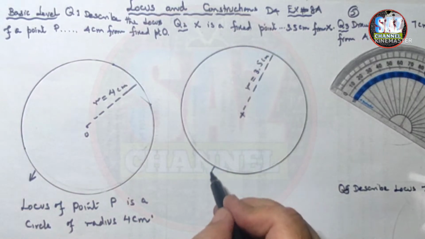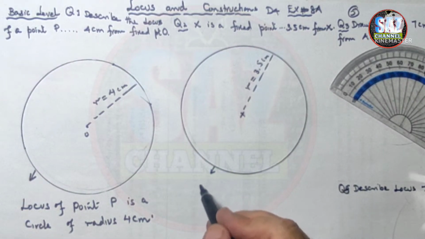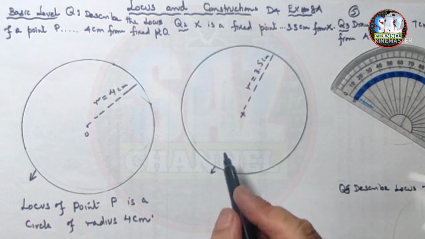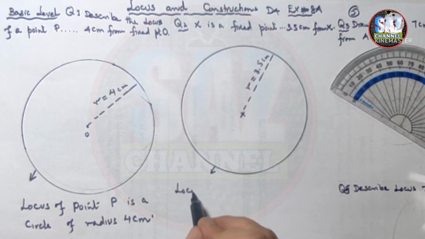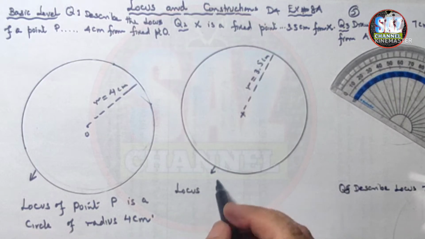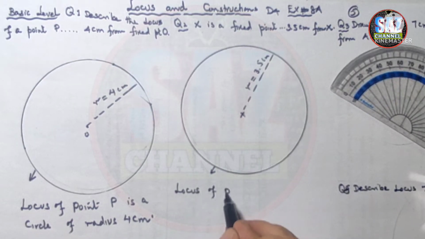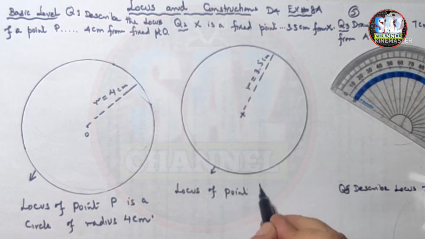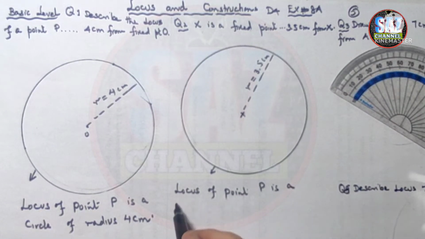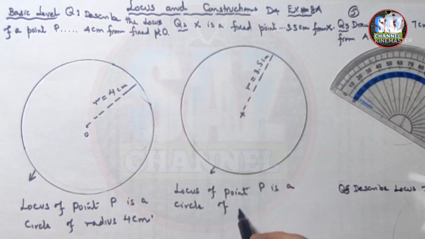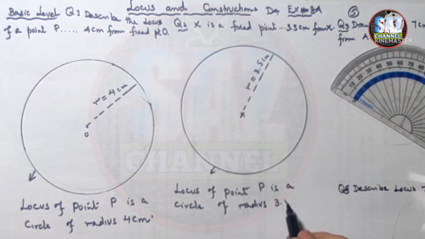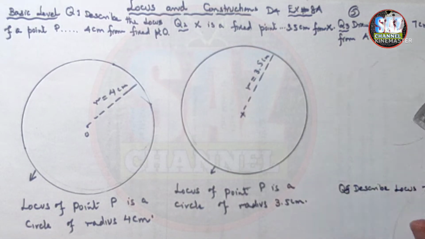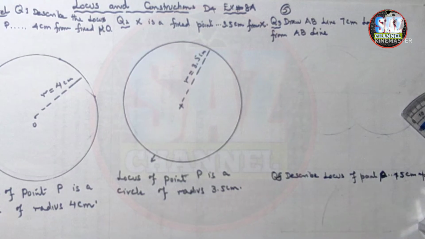The locus of point P is a circle of radius 3.5 centimeters.